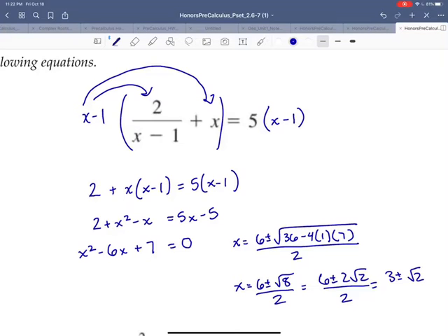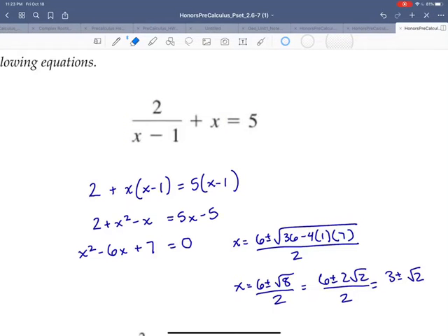And probably the easiest thing to do is check to see what happens when I graph both sides of this equation. I can check graphically. I could check by plugging in, but it might not be very fun to plug in 3 plus root 2 or 3 minus root 2 into this equation.